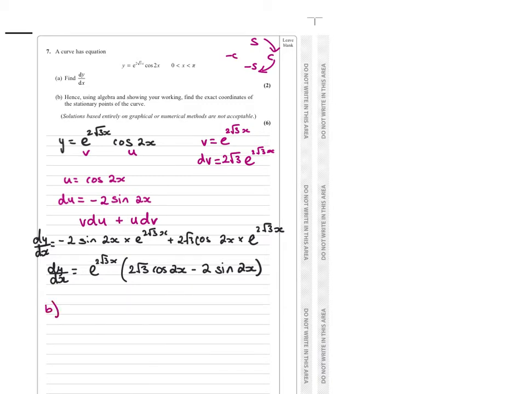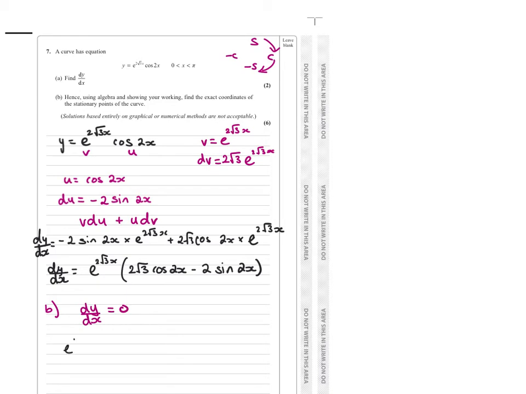As soon as it says stationary points, we should immediately be thinking, guess what? Our gradient function has to equal 0, because that's where our stationary points are. Our stationary points are where we have a maximum or a minimum, okay? Or sometimes a point of inflection. So then, I need to make this equal to 0.